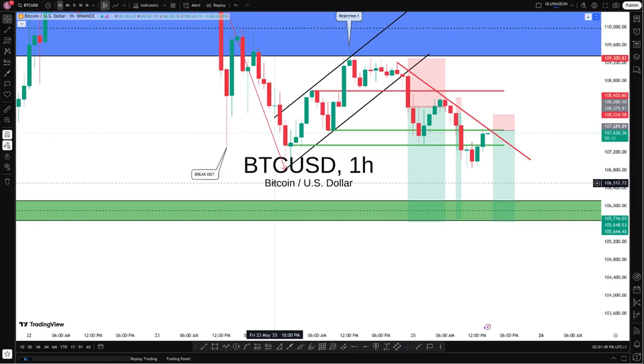The major target here is this zone here, and price has already met its course on that zone. So I was just looking like if we still see some sell setup, we can still take it, and if we don't see any sell setup, we just manage the one we have for now.